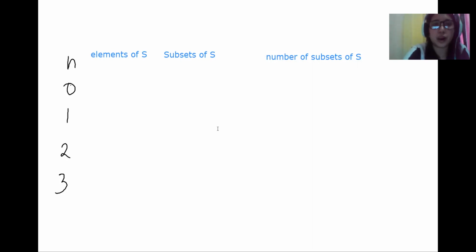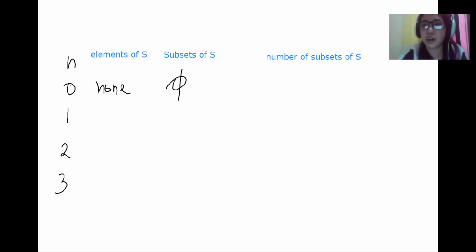If n is 0, the set has no elements, so that is null, or we can simply say none. The subset is the null set or empty set, and the number of subsets of S is 1.